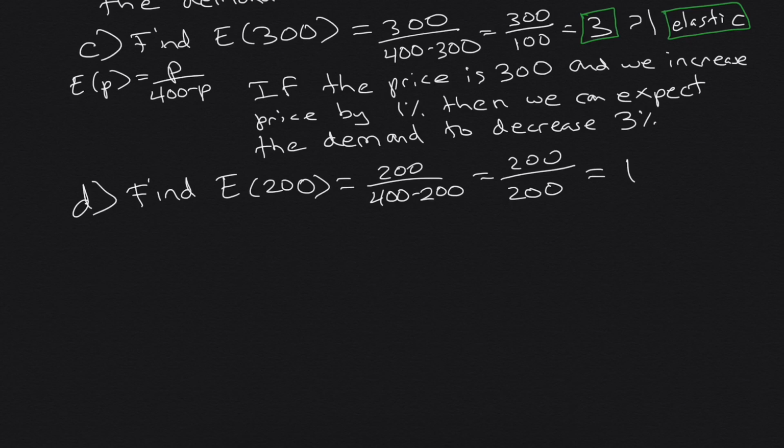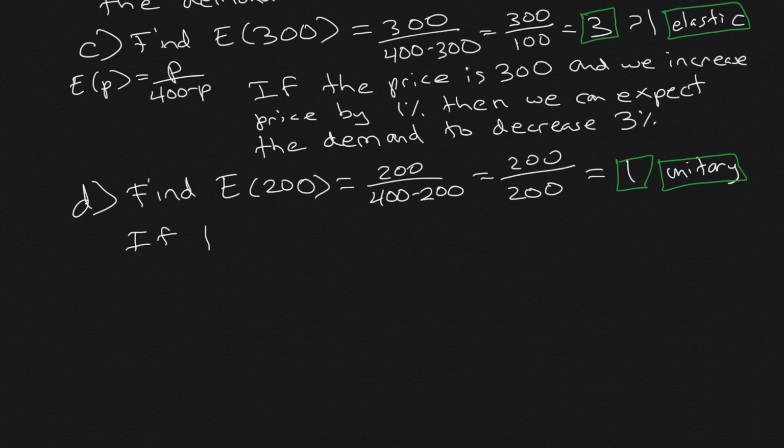And anytime you get 1 for elasticity, that stands for unitary. And that word unitary, you might think of unit or uni or something like that. It kind of represents that one-to-one nature of this price and demand, how they change in relation to one another. And I'll go ahead and write that out.